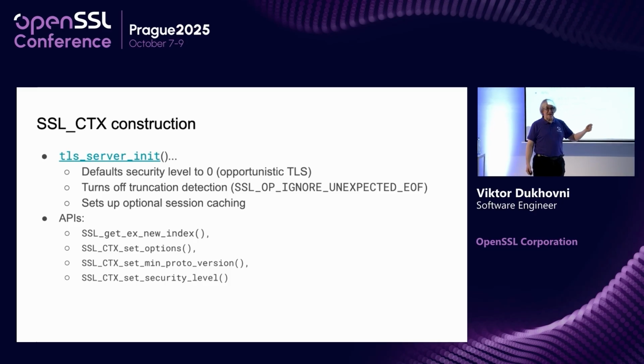You tag your SSL objects with some application-specific data. These functions, SSL get new index, allow you to reserve a slot in the SSL structure to which you can attach your own context, so that in the middle of an SSL callback, you can find out your own settings and then react in the callback appropriately. So you'll find code that deals with that.